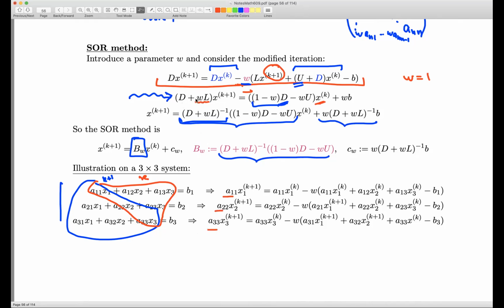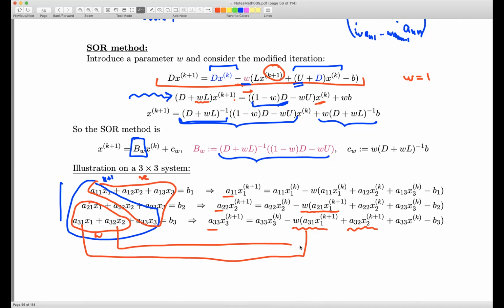Then we have plus W L xk plus 1. So all the elements that are here, they will have W, and they will be with a negative sign. So we have here minus W A21 x1 k plus 1, and then we'll have minus W A31 x1 k plus 1, and then minus W A32 x2, which will be this element here.